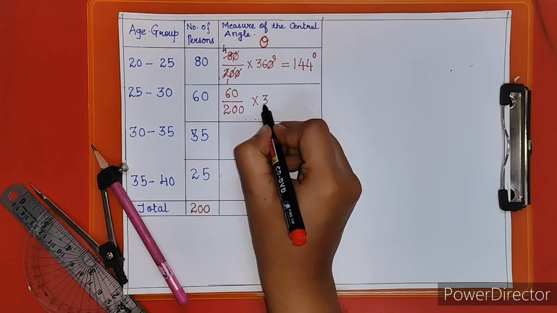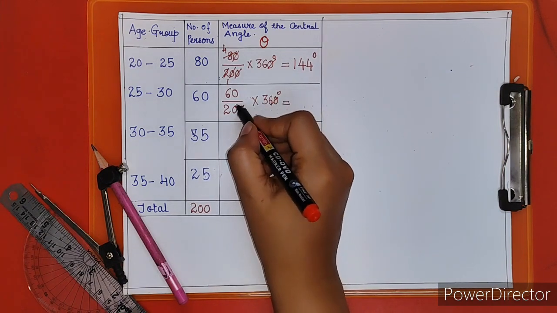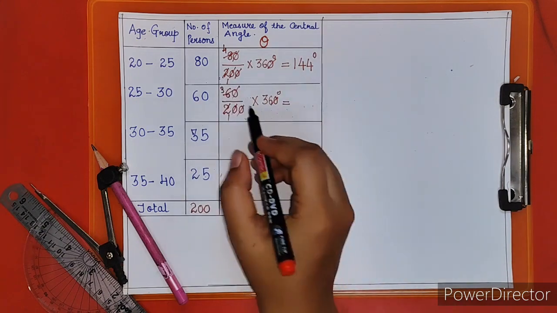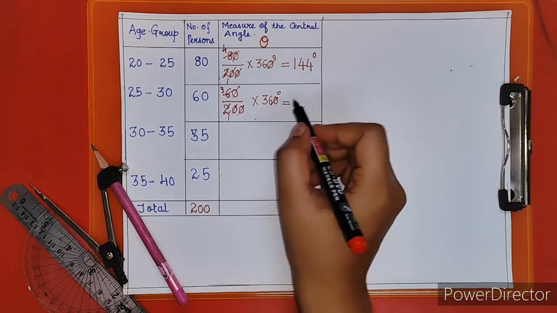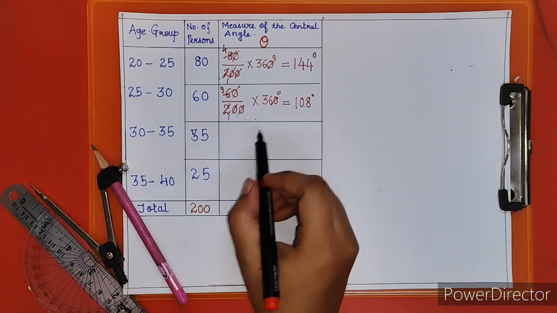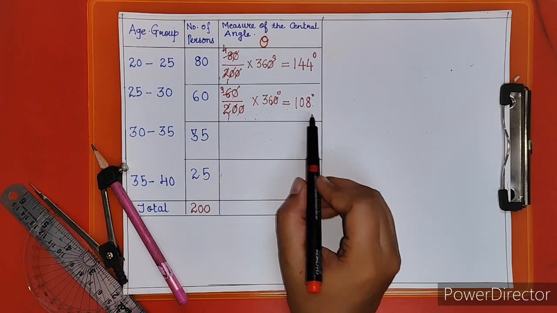Again multiply by 360 degrees equals. Same here, we can cancel the zeros. 2 threes are 6 and 2 tens are 20. 3 multiplied by 36 is 108. So we got two angles. The first one is 144 degrees, the second one is 108 degrees.